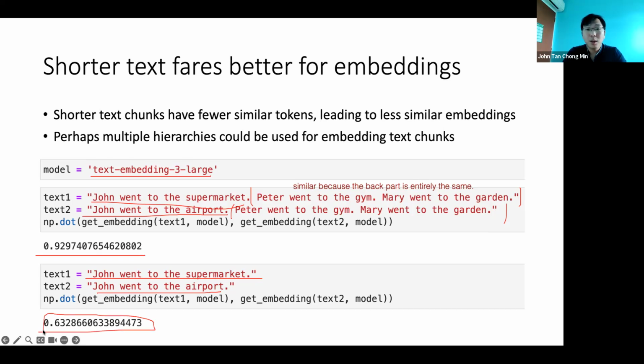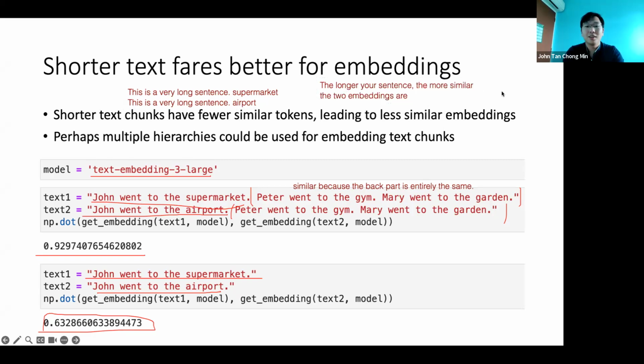So if you have a lot of similar text, like "this is a very long sentence" and then you embed supermarket, and you have another one, "this is a very long sentence that is similar" and you embed airport, you realize the longer your sentence, the more similar the two embeddings are.